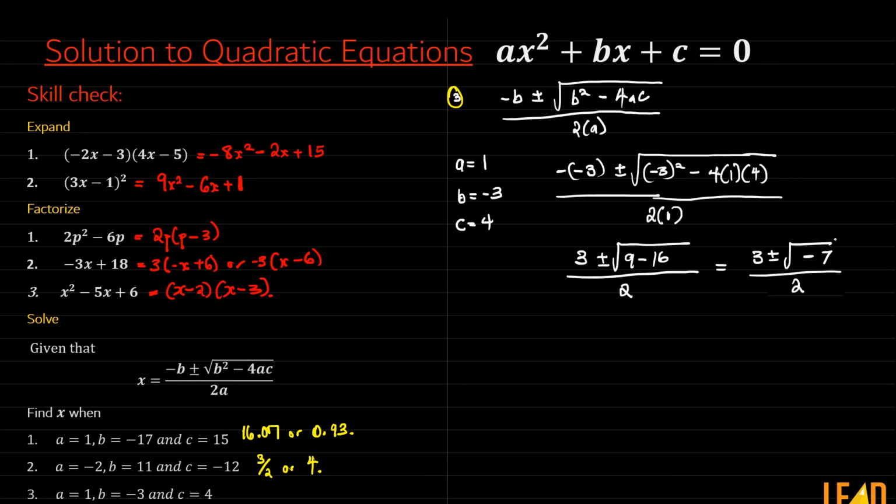So basically, for this one, we have negative 7. Find the square root of negative 7. If you remember, that means we can have no solution. So there's basically no value of x that can come out from these values of a, b, and c. So it means you have a situation where you have no solution.